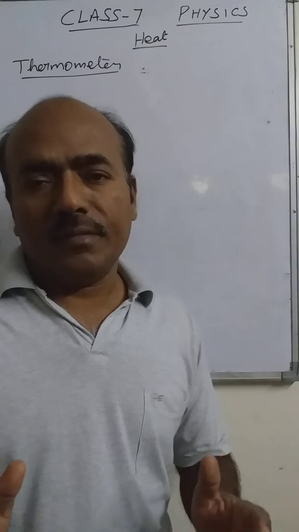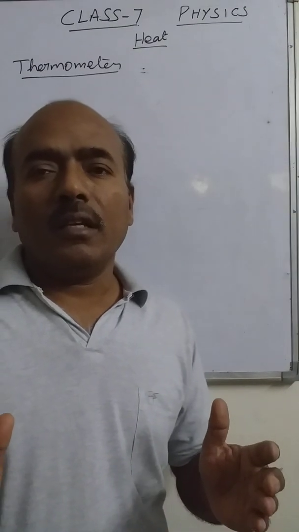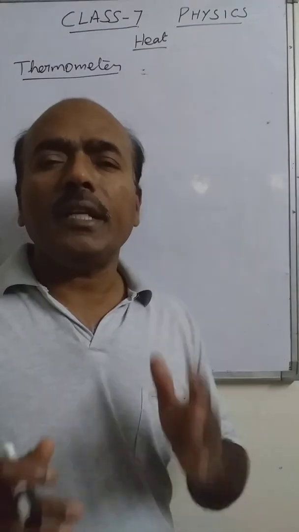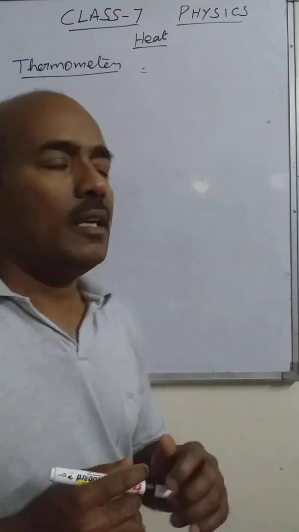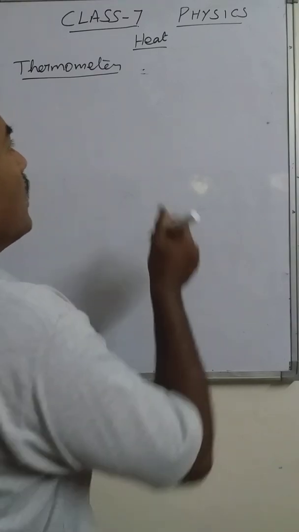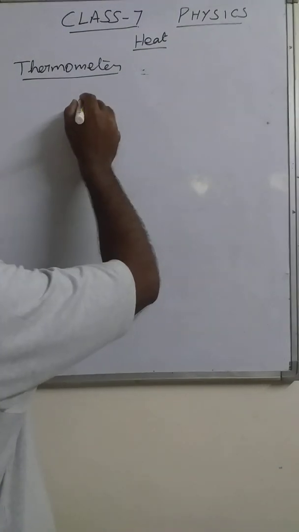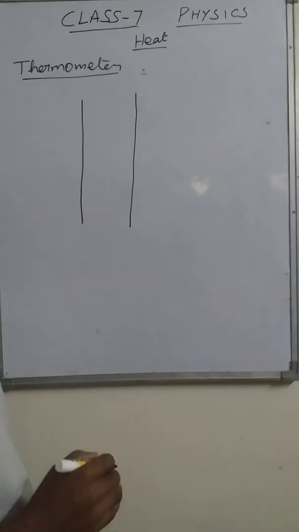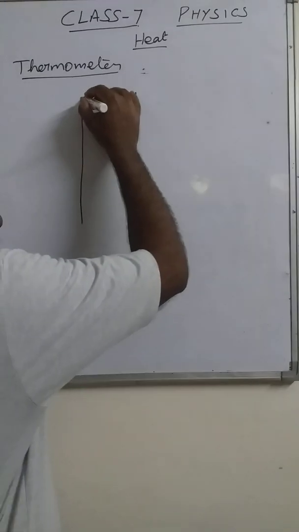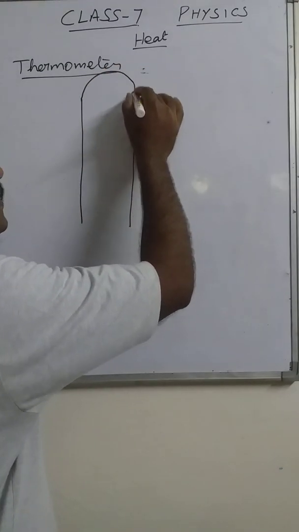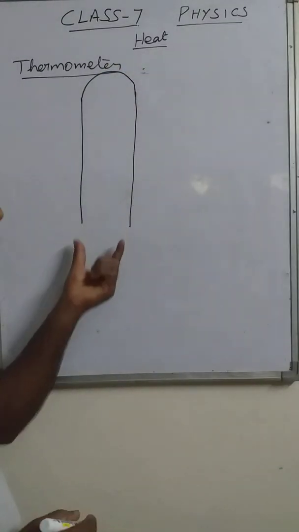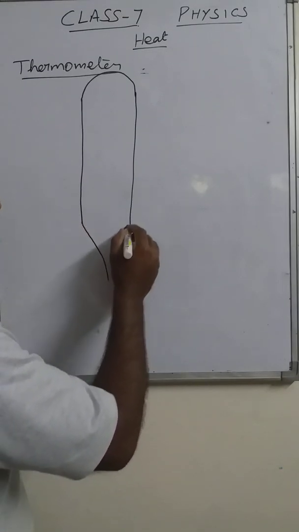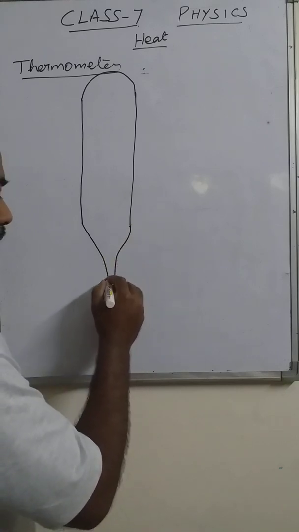Any thermometer which is used to measure the moderate temperature is made up of a glass tube. This is the glass tube. The glass tube is closed at one end like this, and the other end is having this type of structure.